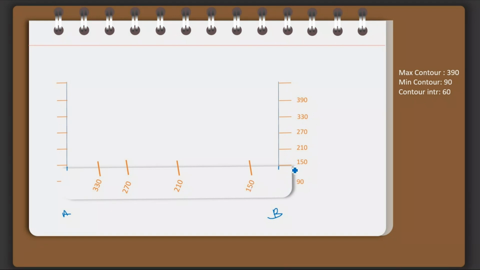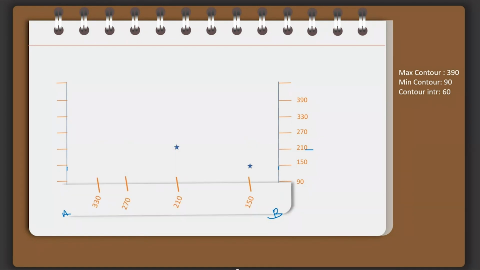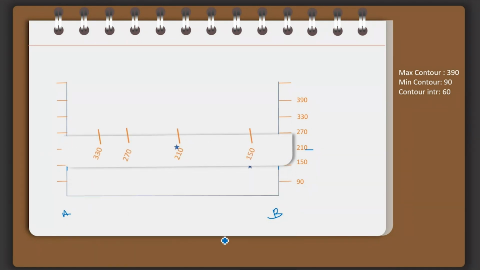First I keep the strip at a height of 150 meter, and I plot the point 150 on my section view. Then I keep it at 210 meter and plot the value of 210. Then I keep this strip at 270 and plot the value of 270.